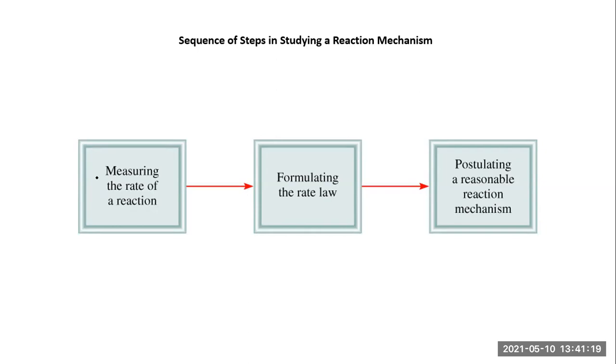Remember that's what we're looking at when we look at mechanisms. As I mentioned earlier, it doesn't necessarily mean that 100% of the time this reaction will always occur this way. It could just be a plausible way of explaining how it could happen. You could maybe even come up with a secondary mechanism that also could plausibly explain how a reaction may occur. So let's take a look at one here.